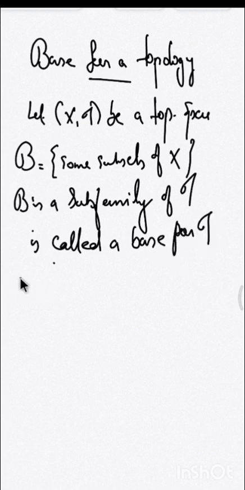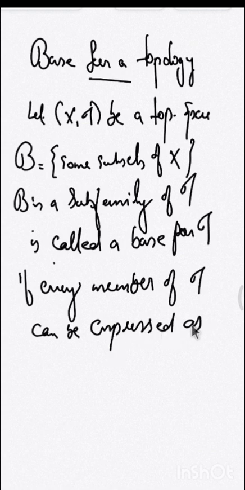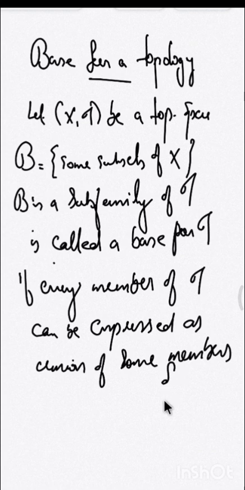if every member of tau can be expressed as a union of some members of B. This is the definition of a base for a topology.